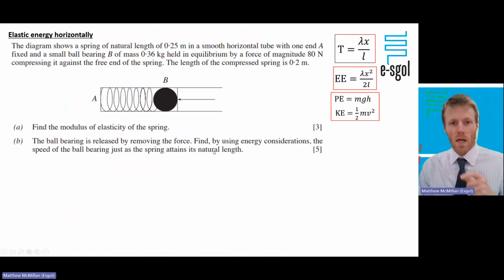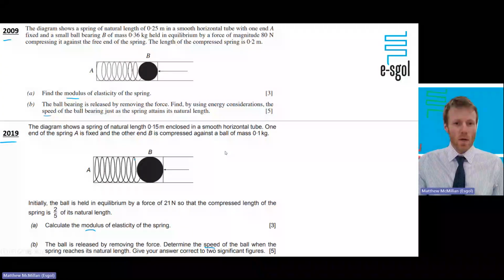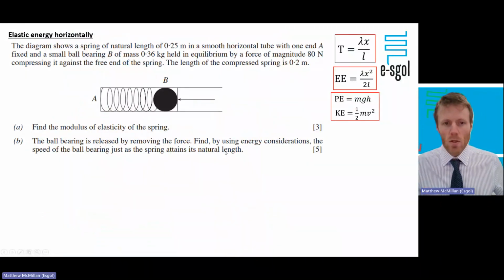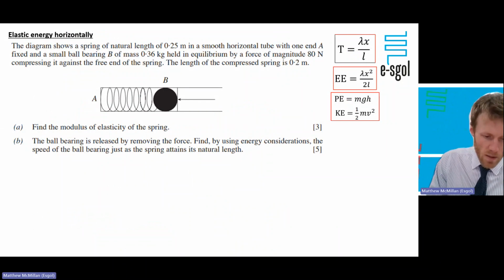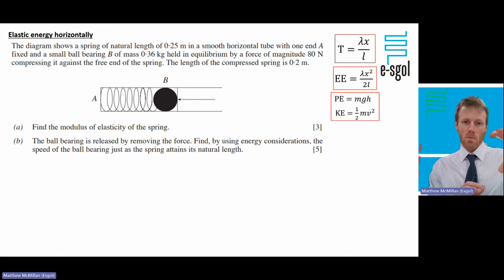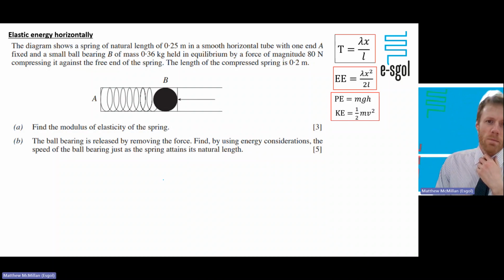Let's have a go at the 2009 question. I'll stay away from the 2019 question, because you might cover that when you do some past papers. So the 2009 question looks like this, and I thought it was nice because we have it acting horizontally. We've got this diagram showing a spring. The natural length is 0.25 meters, and I want to think about whether it is being compressed or stretched.